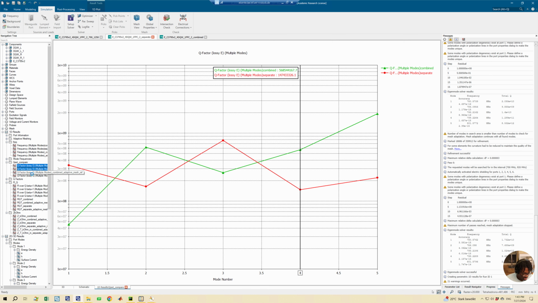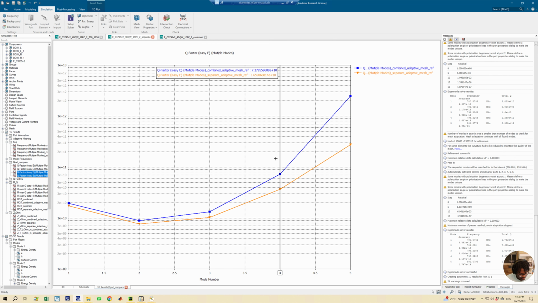But using the mesh refinement, we start seeing a convergence to a particular value, and for the first 4 modes we do not have so much variation. So this is 1.7, 1.9, 76, 89. Then this keeps increasing, so the difference between the calculated external quality factors keeps increasing until here, where we have an order of magnitude. So the 5th mode, where we still have an order of magnitude difference.